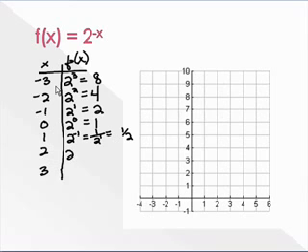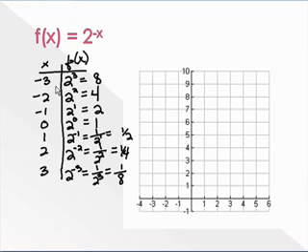Here we're going to get 2 to the negative 2, which is 1 over 2 squared, which is 1/4. And then 2 to the negative 3, which is 1/8. Now those numbers look familiar, but let's see what happens when we graph here.